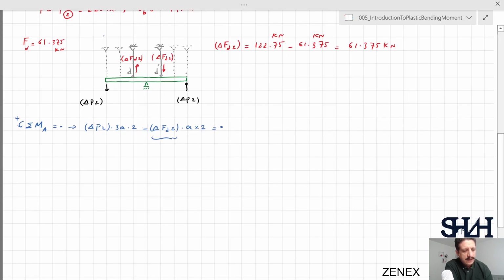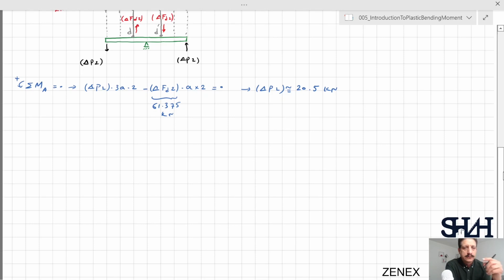And the maximum value of this delta FD2 is 61.375 kilonewton. As a result, delta P2 is 20.5 kilonewton. So we can still increase the load by almost 20 kilonewton.